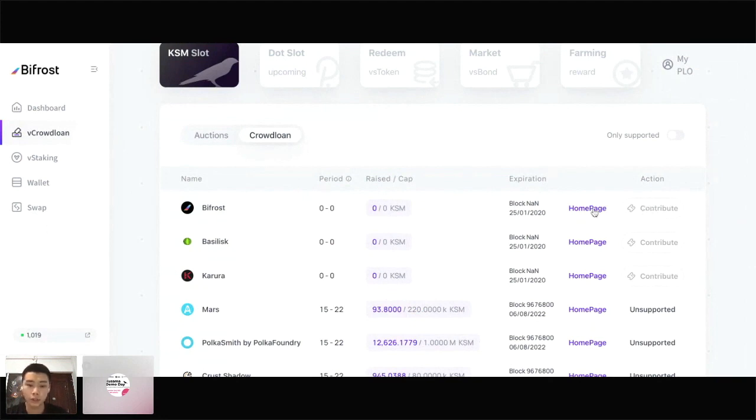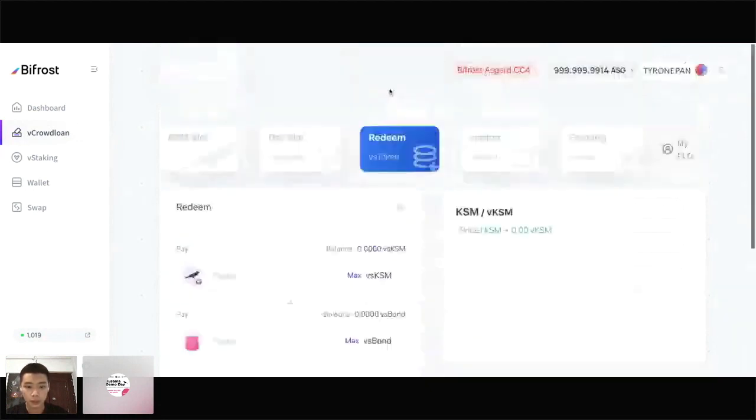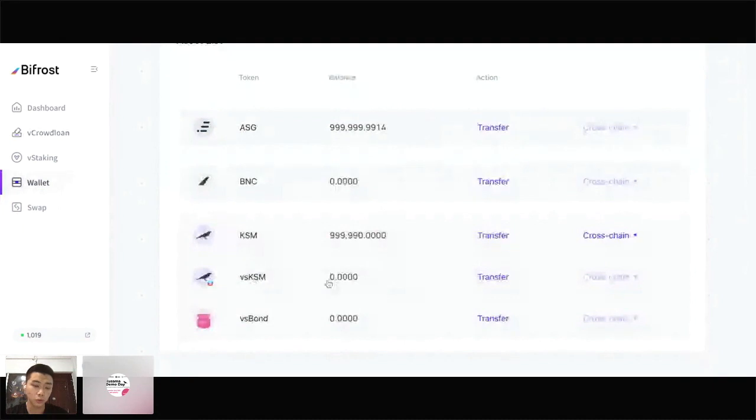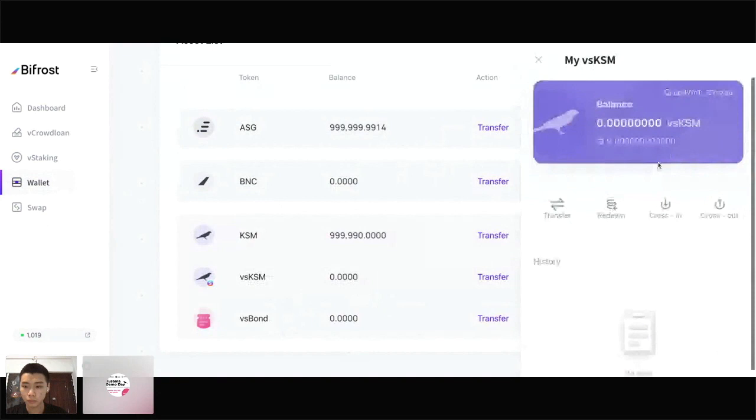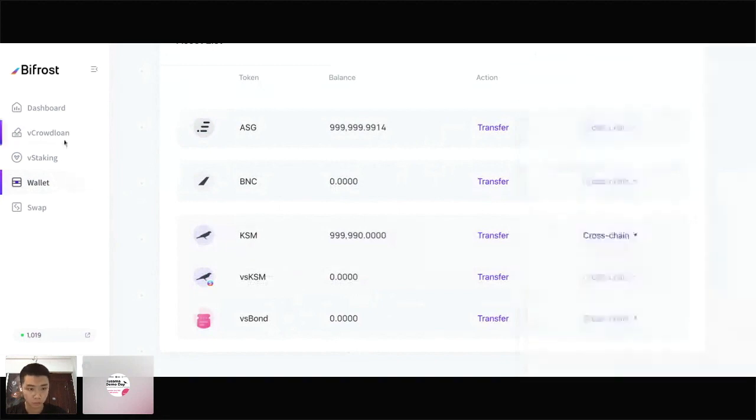If you contribute to a parachain, you will get VS Bond and VS Kusama, which are two tokens. If you contribute one Kusama, you can get one VS Kusama and one VS Bond here, and if you click on any one of them, you can see the detail data, and you can do functions like transfer, redeem, cross in or cross out, cross-chain functions.